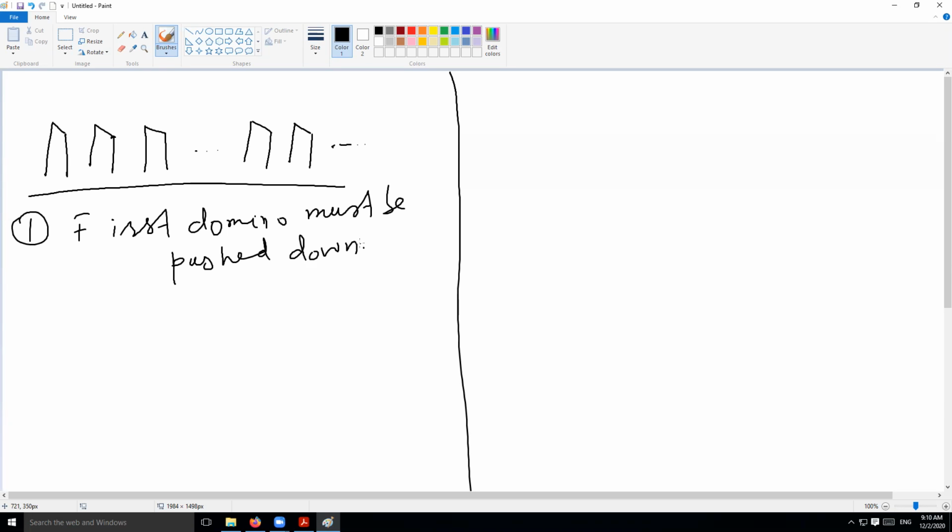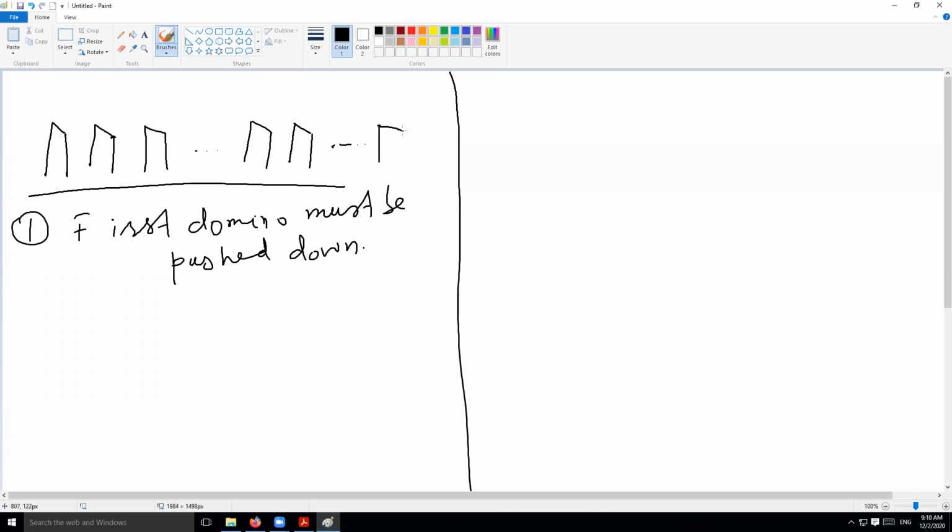Sir, they automatically will fall. Okay, that follows under an assumption, that if you push down one, all of them are going to go down. That is an assumption.